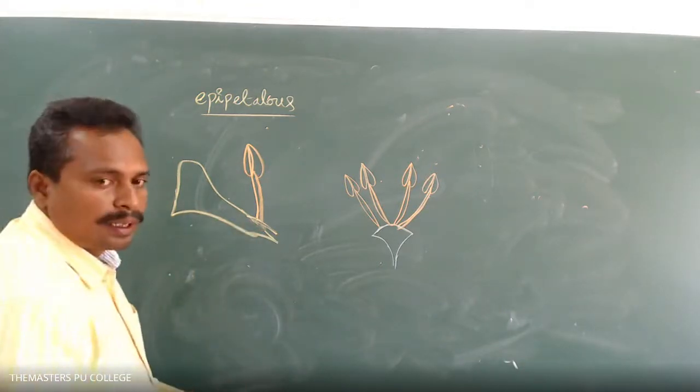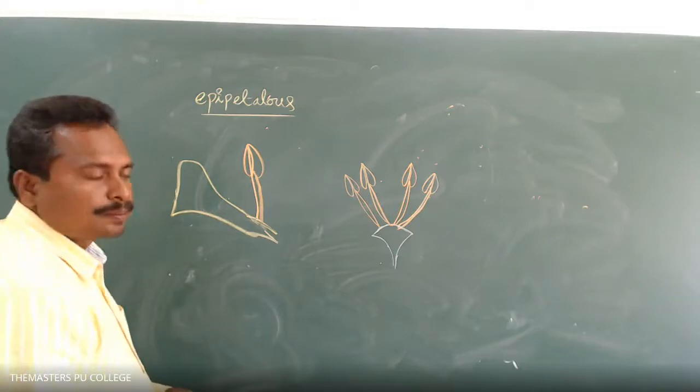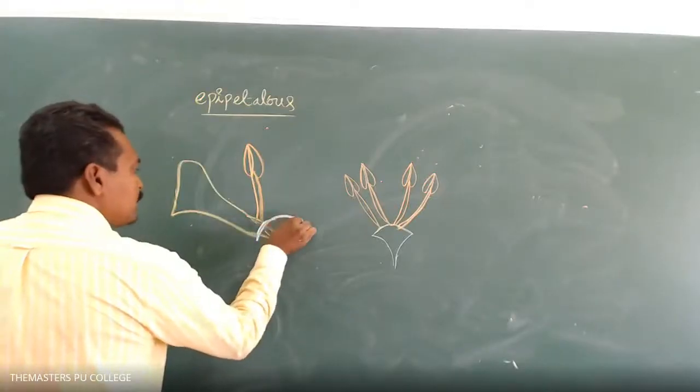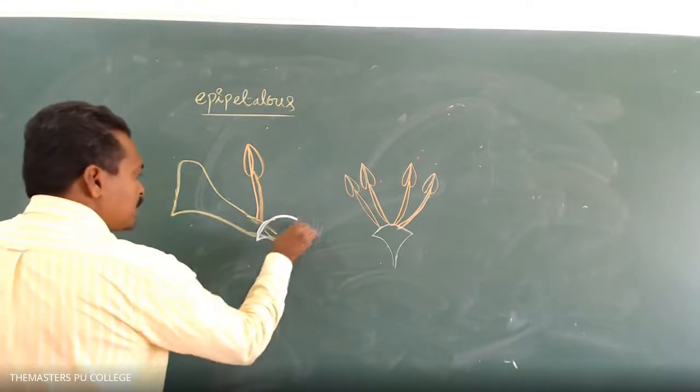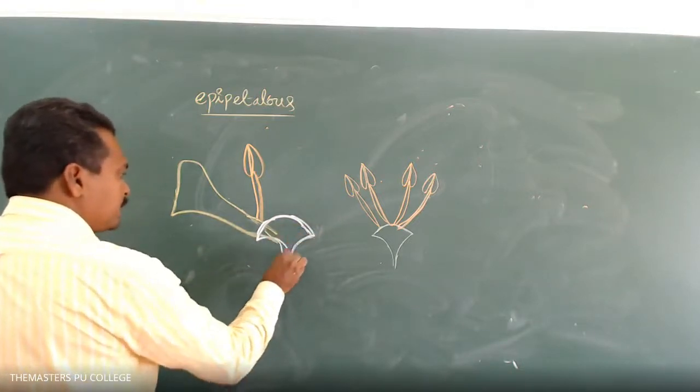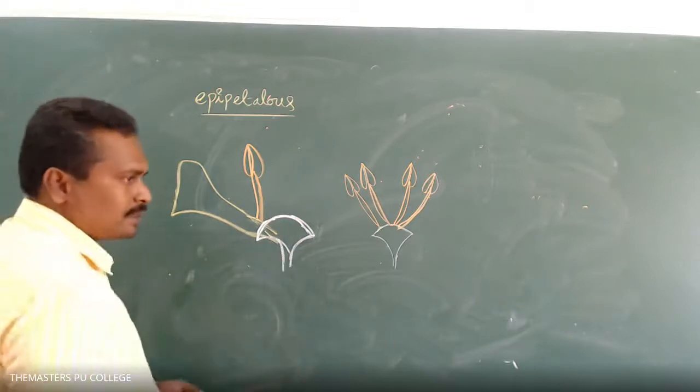That is called epipetalous. The thalamus produces the floral appendages. The shape of the thalamus varies.